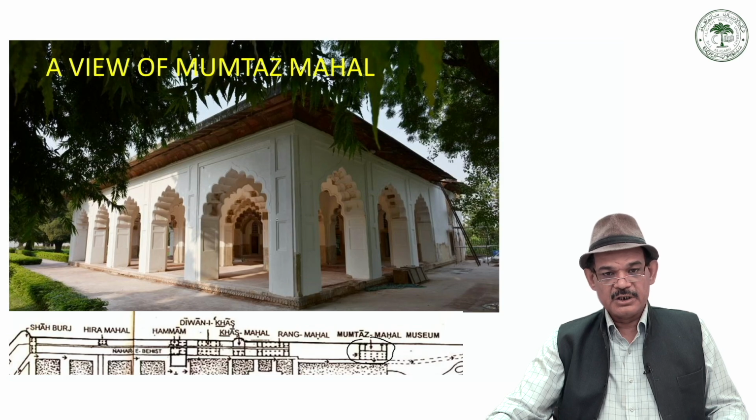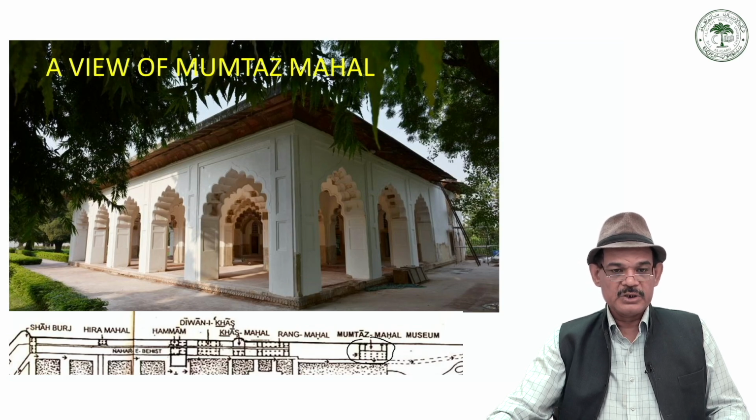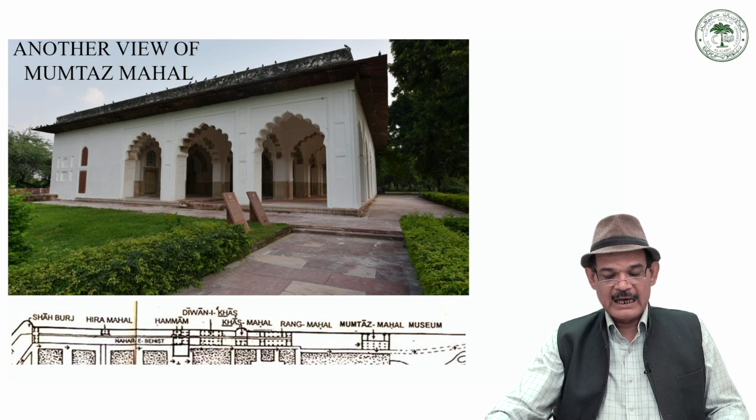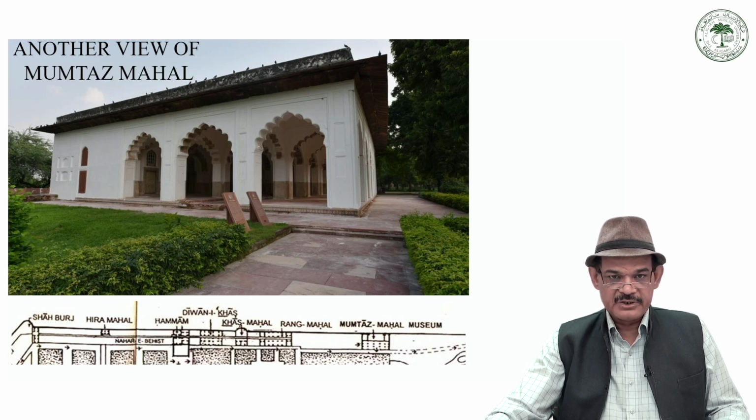These arches enclose a square area, meaning it is some sort of chahartak. And so far as the arches in this structure are concerned, these are cusped arches, which are typically a feature of the Shahjahani period.